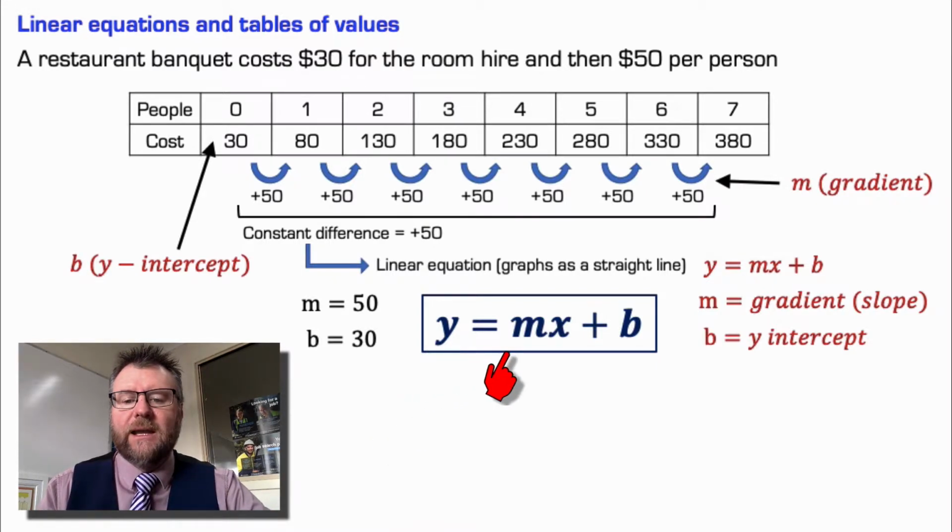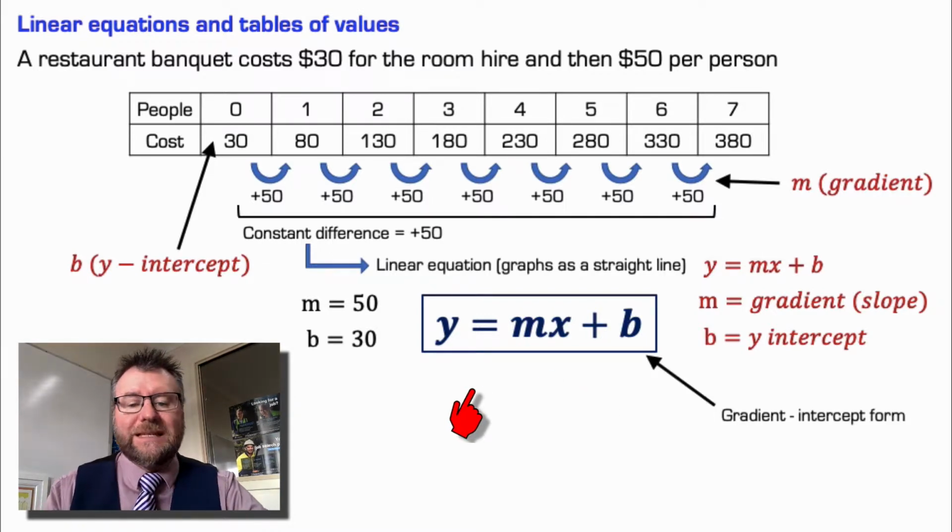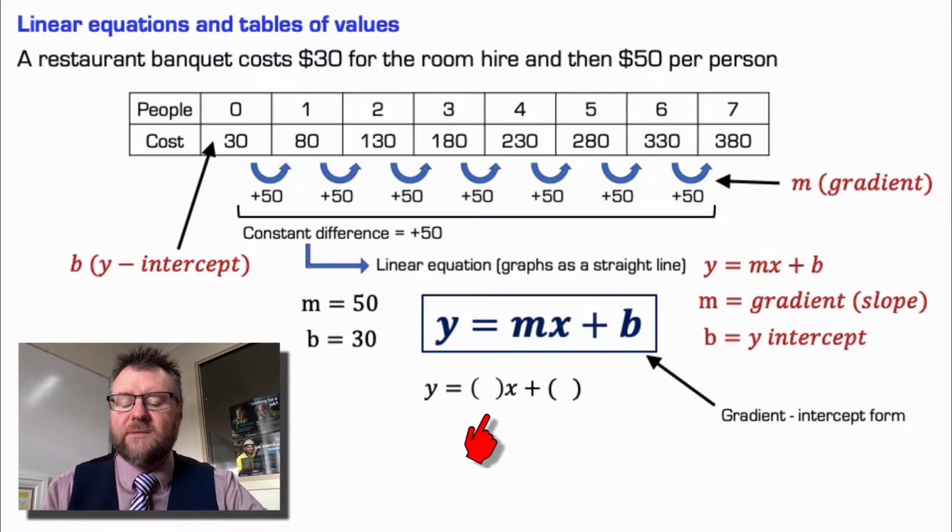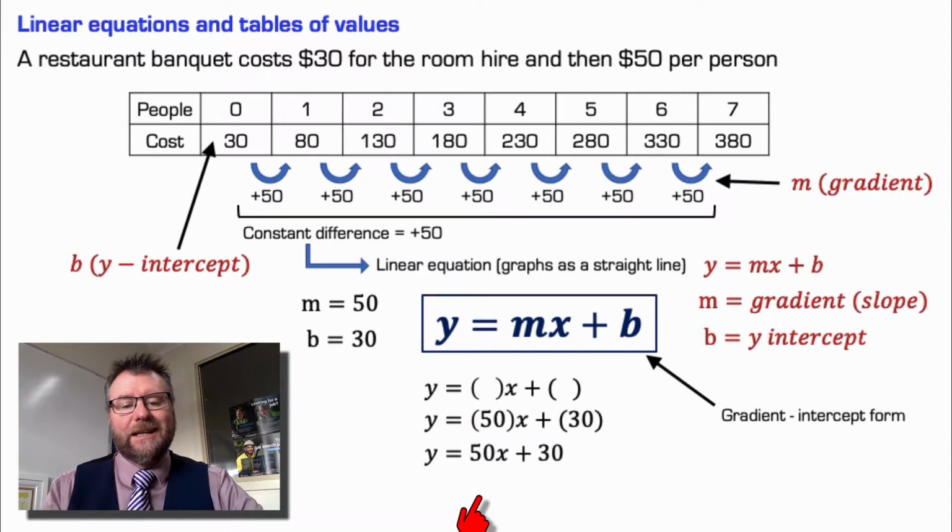Y equals the gradient, x, and then the y-intercept. So I can put those numbers into that equation: my m was 50, my b was 30. I've now got a linear equation that represents my table of values, that represents my real world problem.